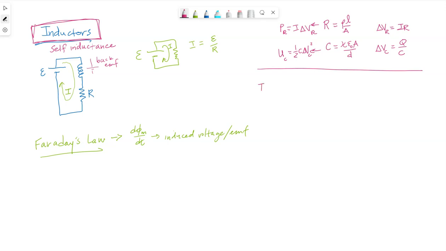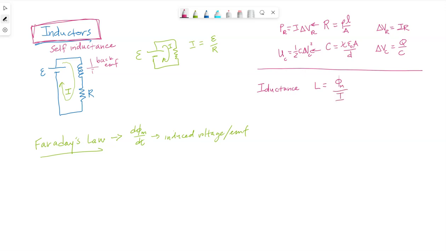To represent inductance, and specifically meaning this self-inductance, where the coil will create and have an induced voltage to oppose the current flowing through it, we use a capital L to represent this inductance. The inductance, the equation for inductance is a little deceptive.